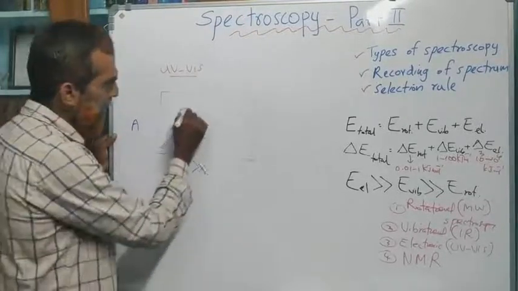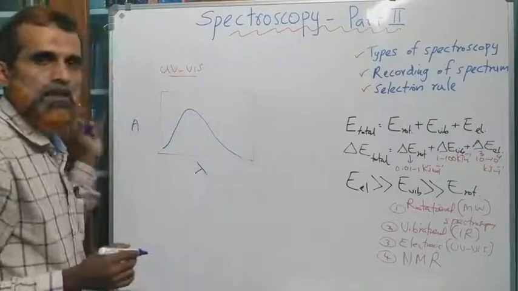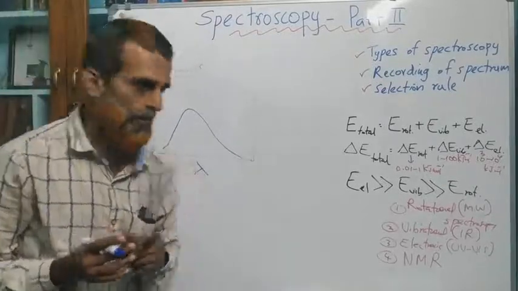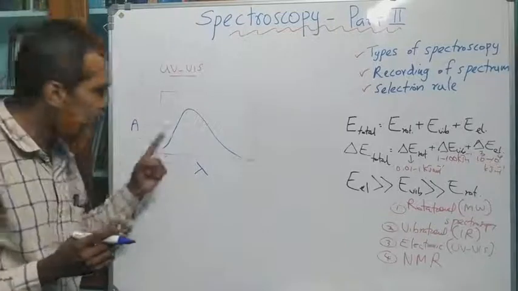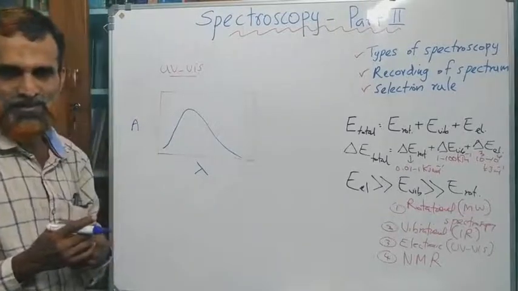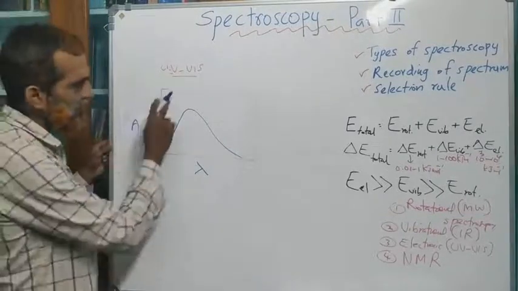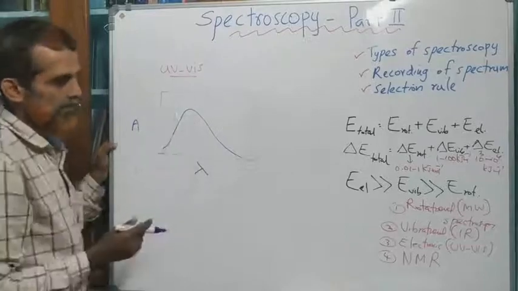Then you get peaks like this, like a hump, a broad peak. This is the case of the UV-visible spectrum.